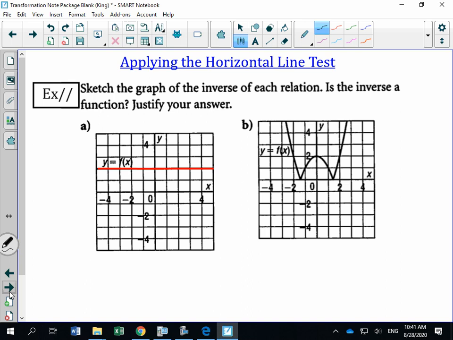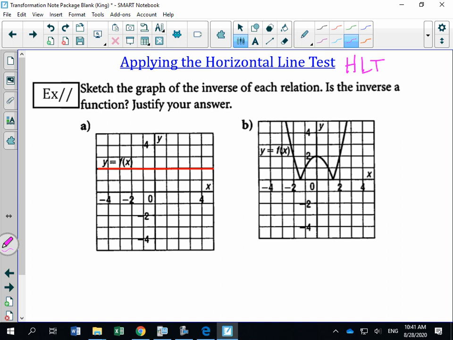Okay, applying the horizontal line test. It says sketch the graph of the inverse of the relation. I'm not going to sketch the graph. We're just going to look at the original graphs and decide whether the inverse is going to be a function. The inverse is a function if it passes the vertical line test. But just looking at the original graph, we can apply the horizontal line test.